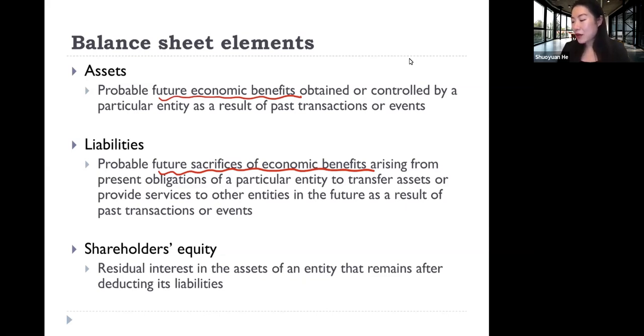And shareholders' equity is a residual interest in the assets of an entity that remain after deducting its liabilities. In other words, shareholders' equity is assets minus liabilities.